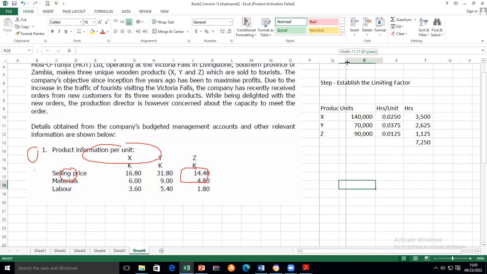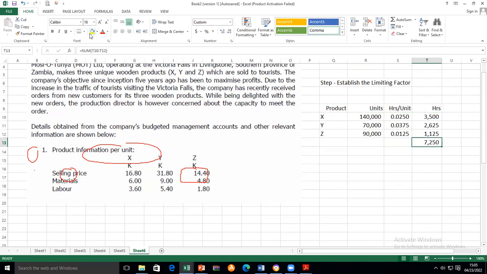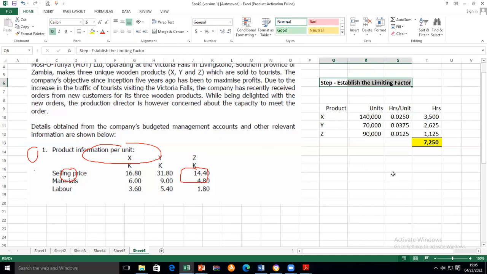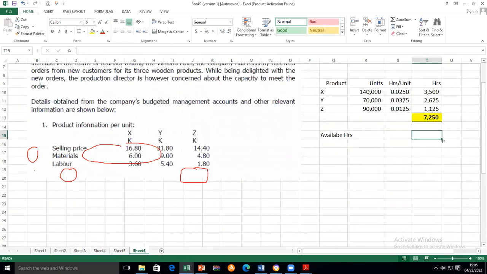So what have we established here? We have established the limiting factor. How many hours are available according to the budget? 6,500.